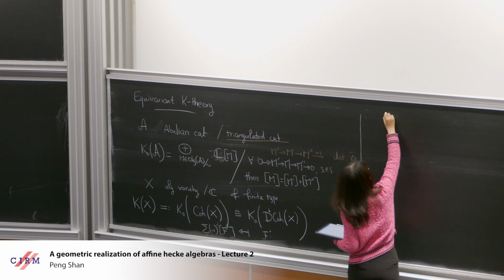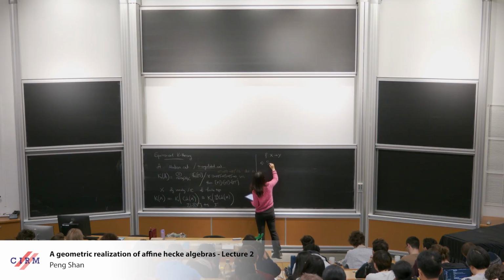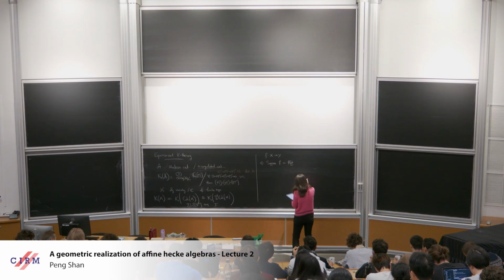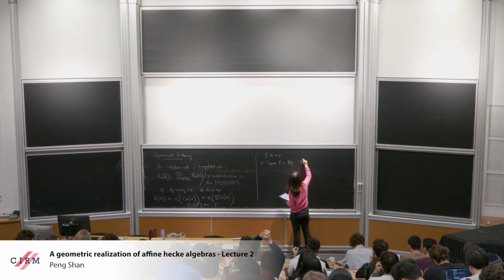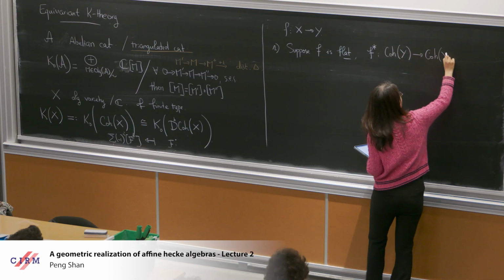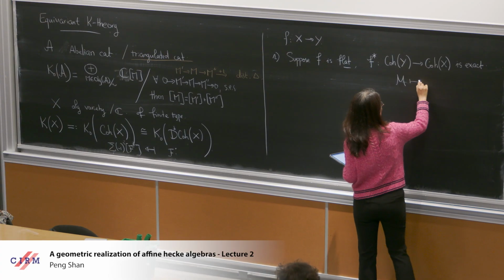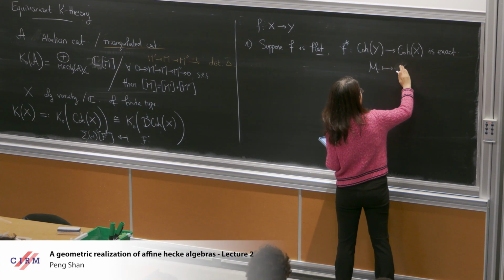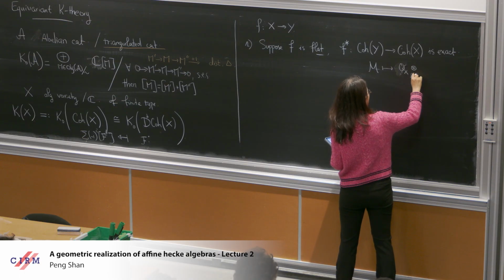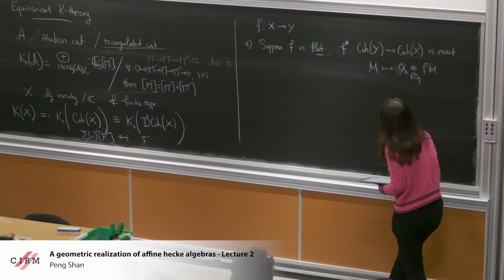If you have a morphism f between two varieties X, Y, and suppose that f is flat, then the pullback is an exact functor from coherent sheaves on Y to sheaves on X. Recall this is given by O_X tensored over f^{-1}O_Y with f^{-1} of the sheaf.